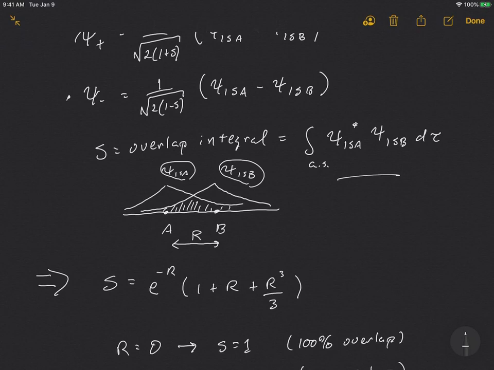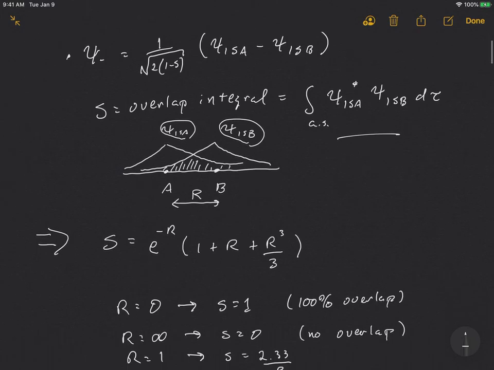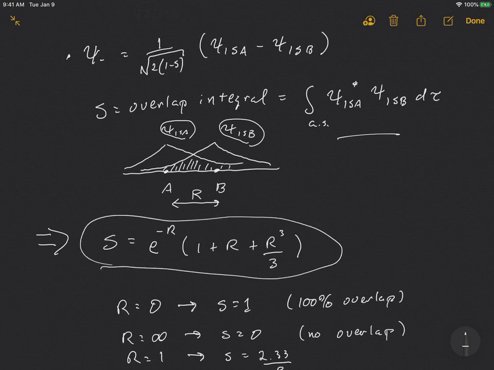We don't need to work through the details of the integral, but we can look at the result. S equals e to the minus R times 1 plus R plus R squared over 3. So it's essentially an exponentially decaying function.